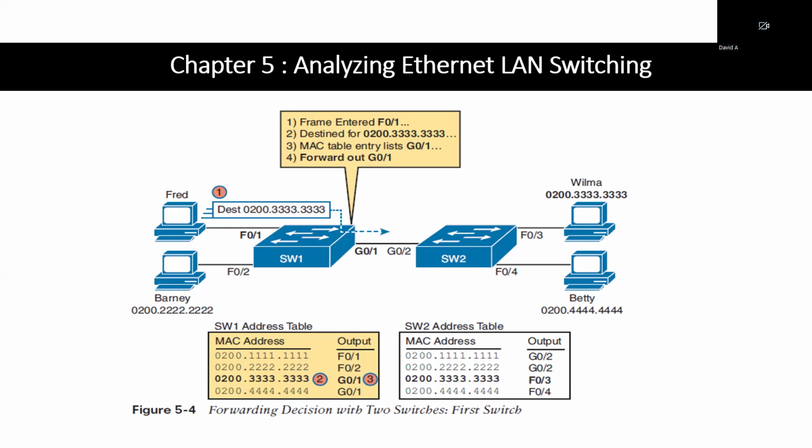I'm referencing the last four digits. It knows to send that out of gigabit 0/1 on switch one. So I'm going to send that to switch two.